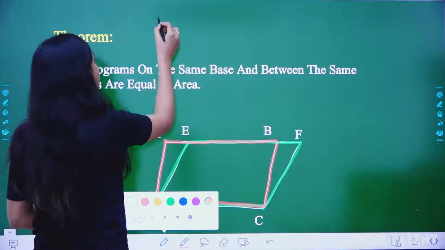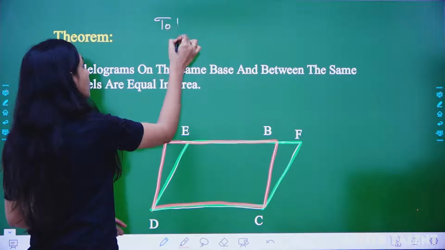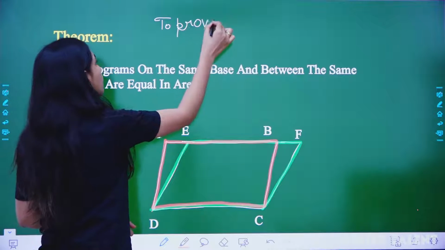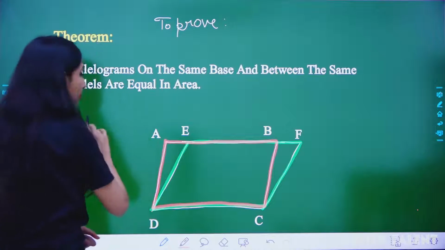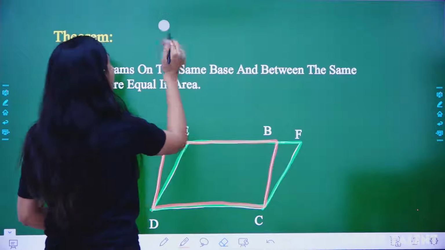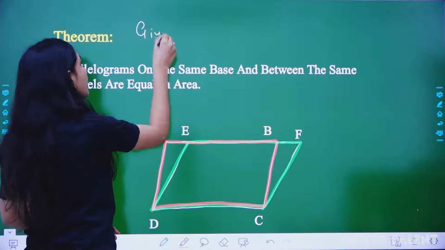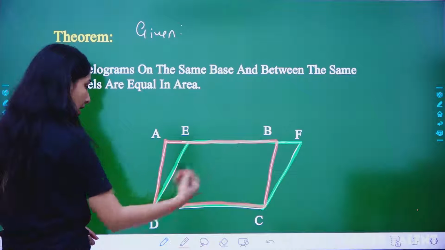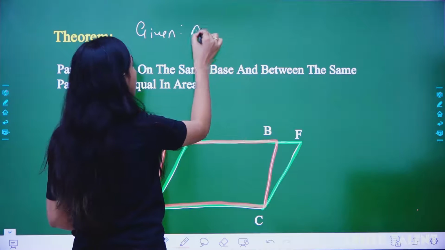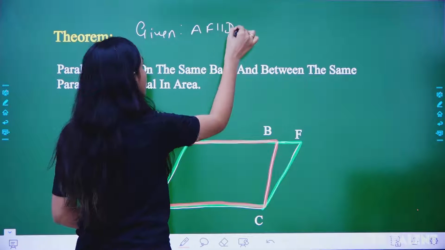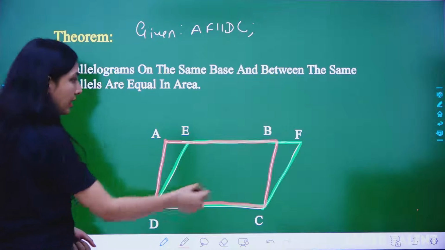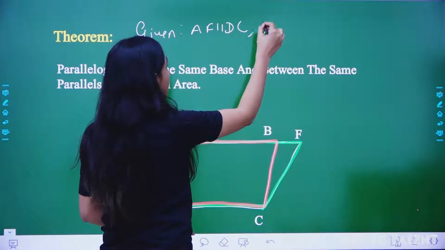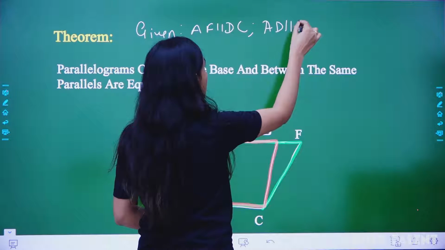What is to be proven: since they are parallelograms, we have given that AF is parallel to DC. Similarly, AD is parallel to BC.